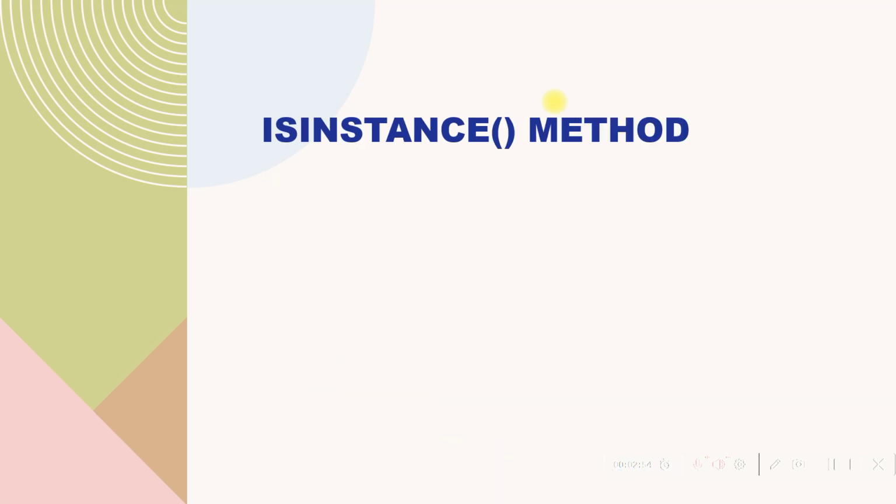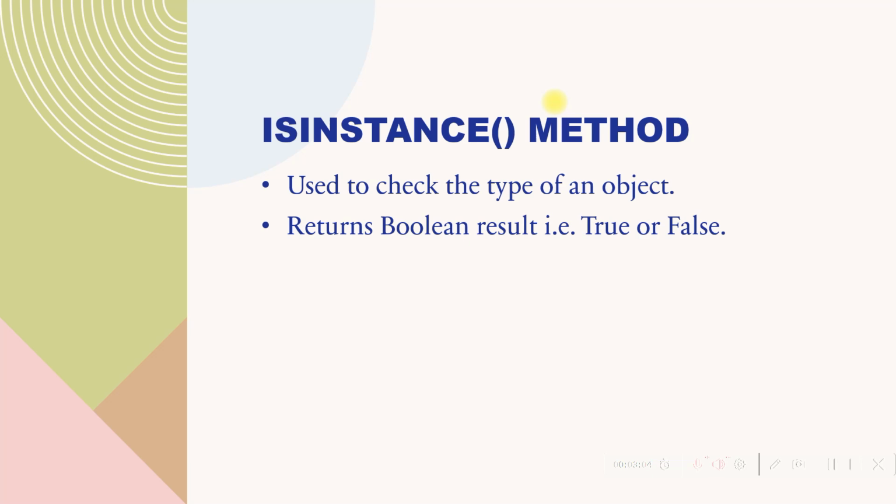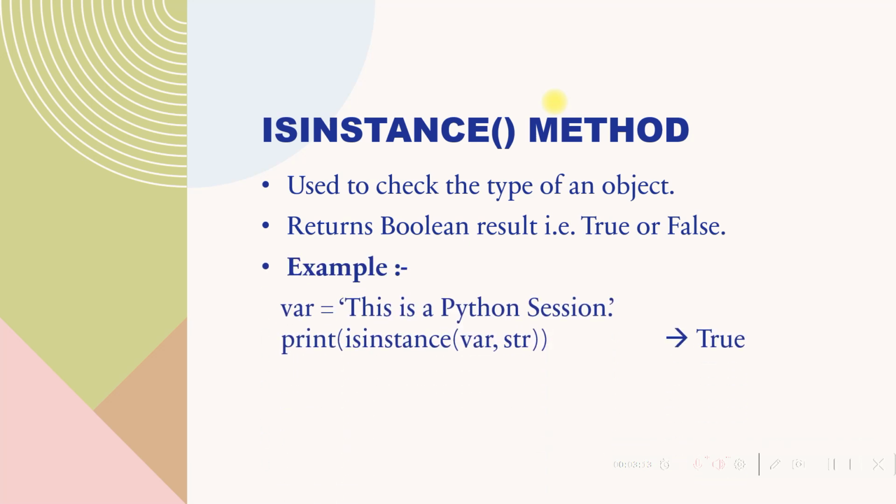Now the next function, or you can say method, is the isinstance method. Again, this method is also used to check the type of an object, but the difference is that the output of this method is boolean, that is either true or false. Now let's see some examples. The first example is var equals 'this is a Python session', and inside the isinstance method we are passing two parameters.